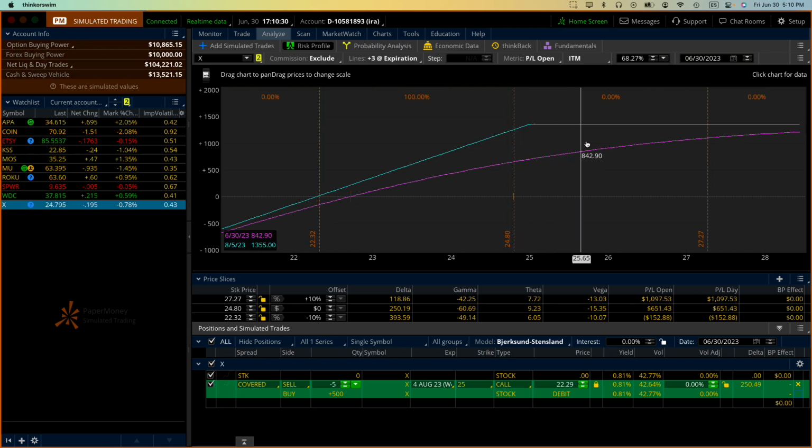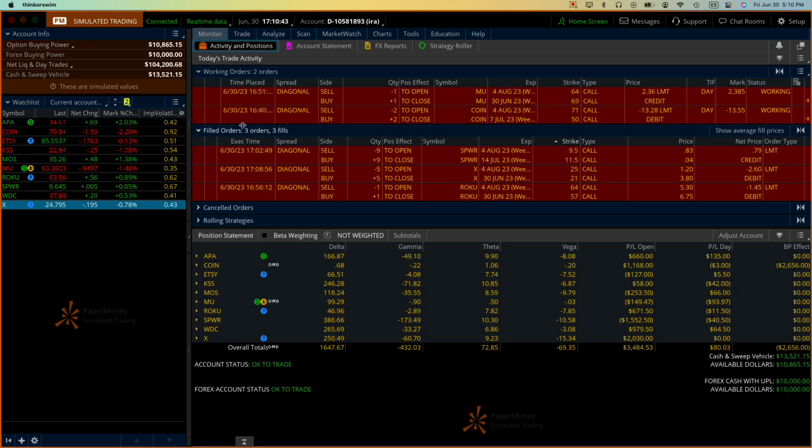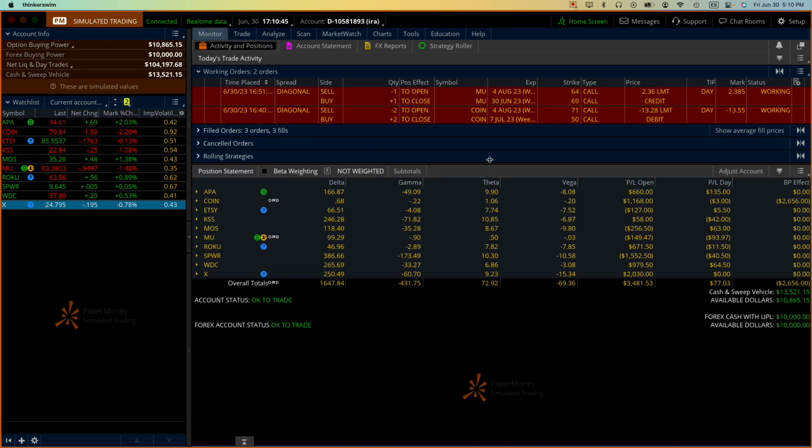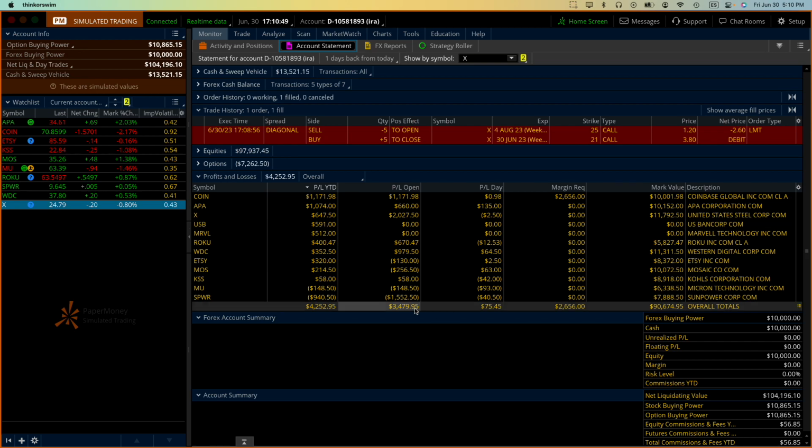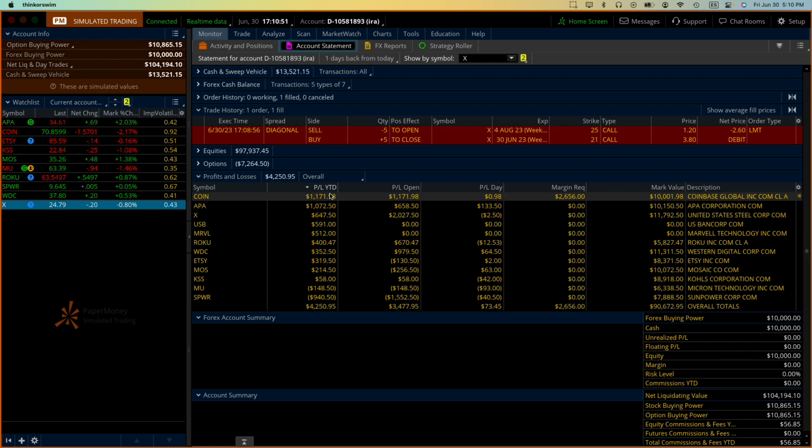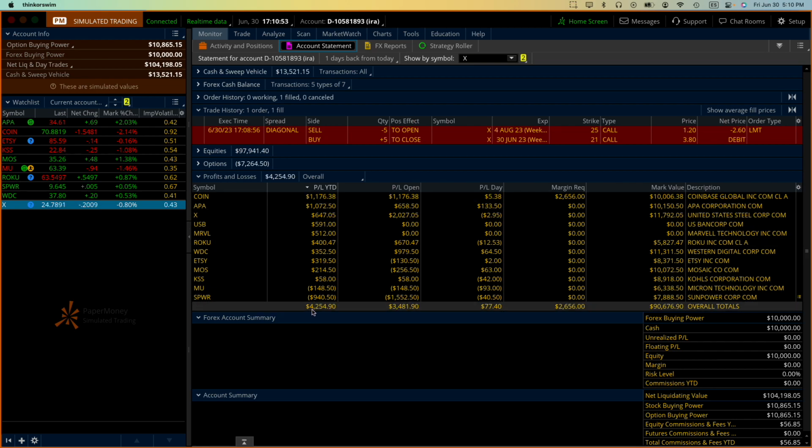Okay, if everything goes according to plan, we would make additional money, and every month we make $500 per trade, and that's hopefully, okay? I'm not saying it's going to happen all the time, but that's what you want to do. Let's go to the account statement, and we can see that year to date we have made $4,254, and we've been doing this for a little over a month.